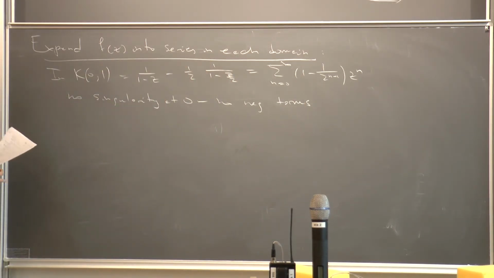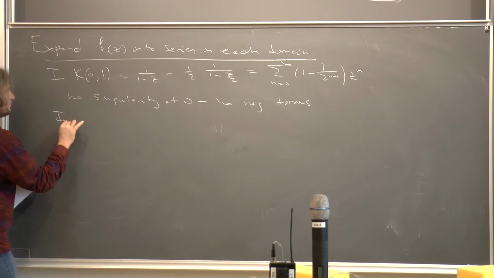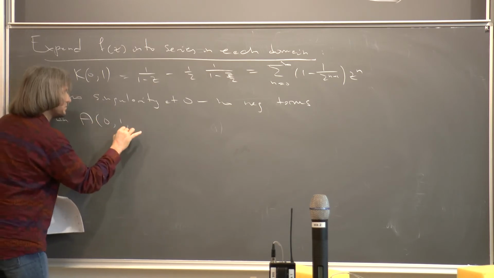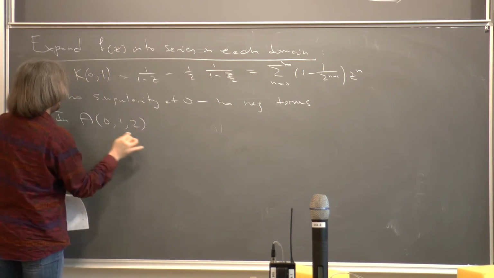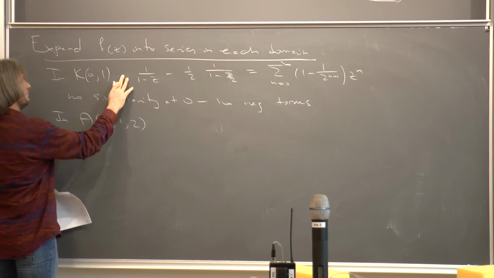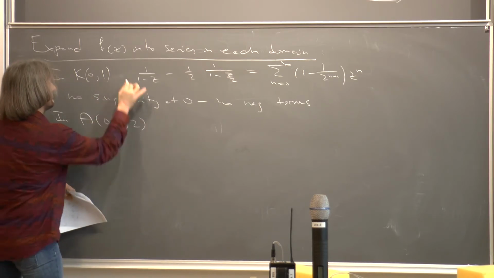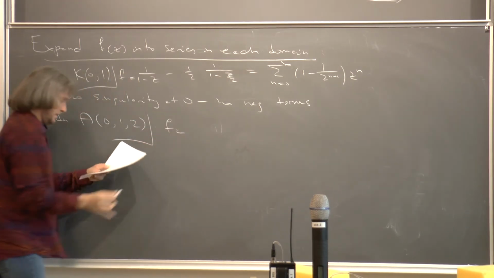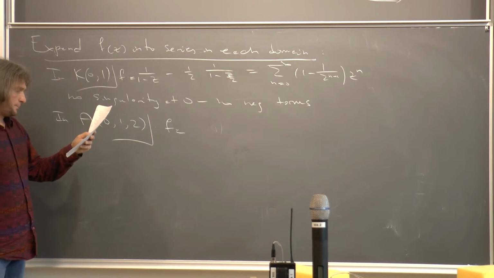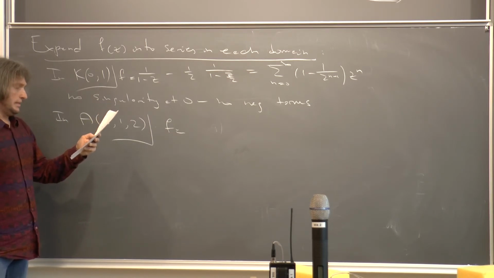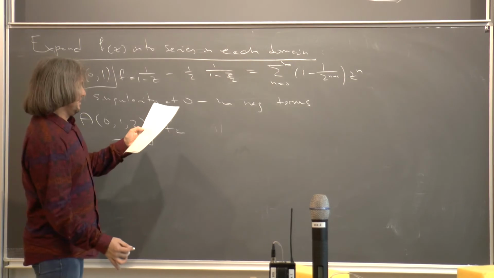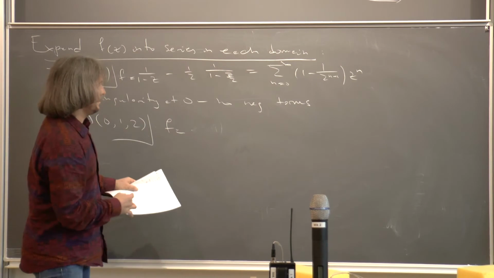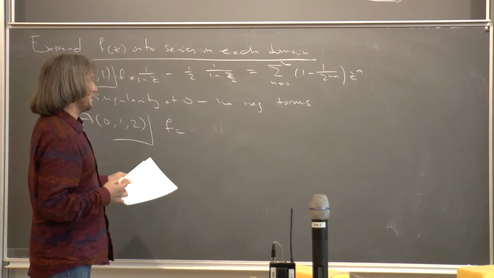So let's try A 0 1 2. So f is... Now, the first summand is expanded differently because now the distance from 0 is greater than 1.